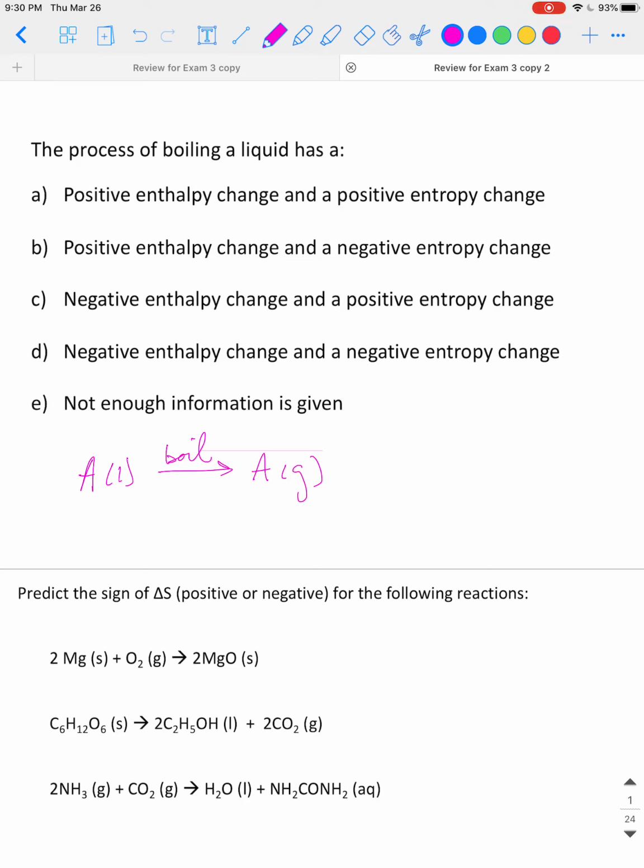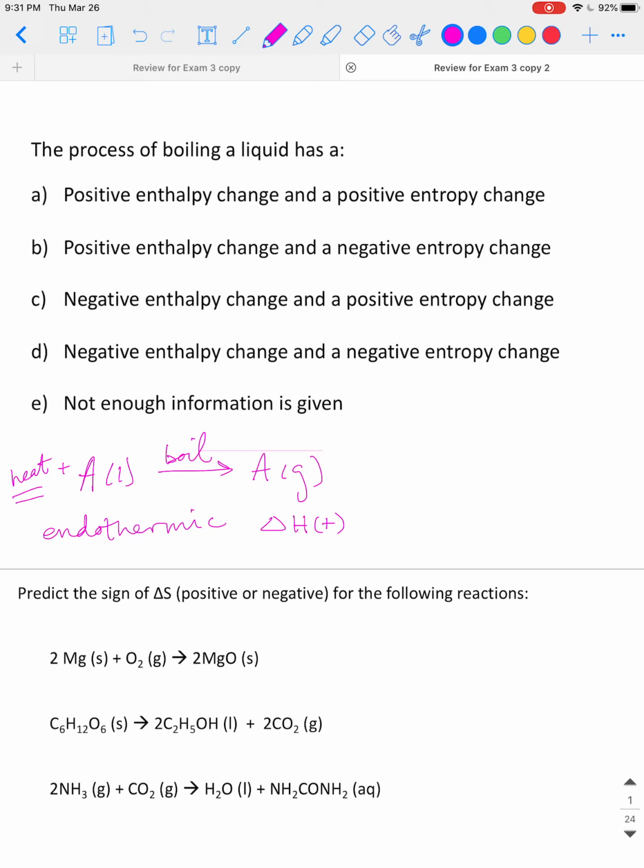So what this means is that heat is a reactant here, because you cannot boil a liquid unless you add heat to that liquid. So if heat is a reactant, then we have an endothermic process on our hands, which means delta H, enthalpy, is positive, okay?